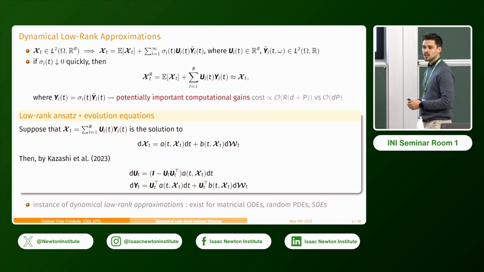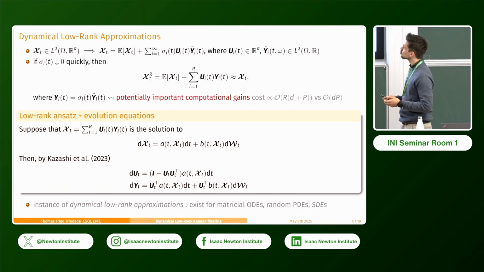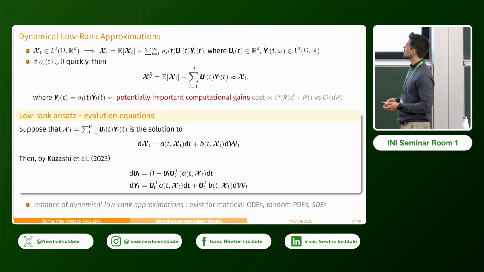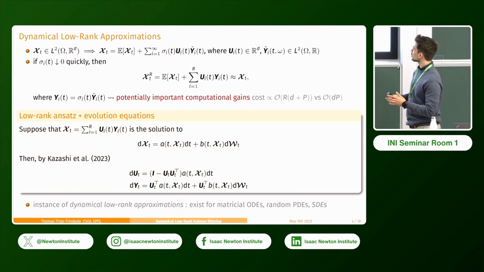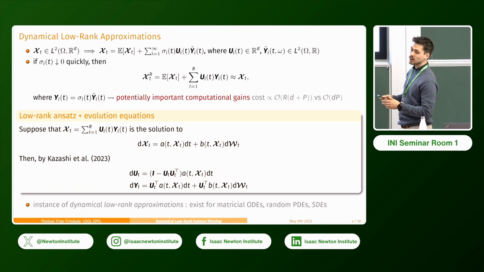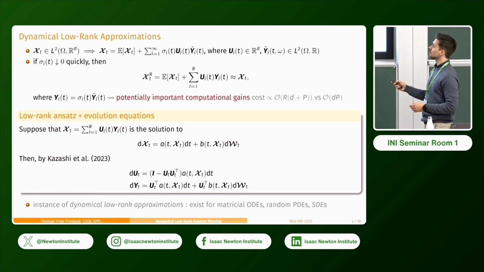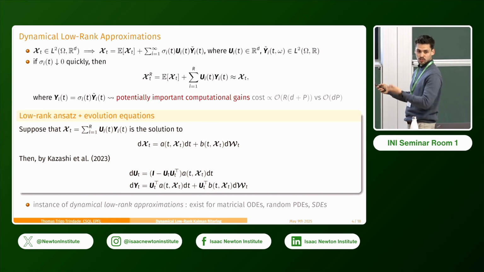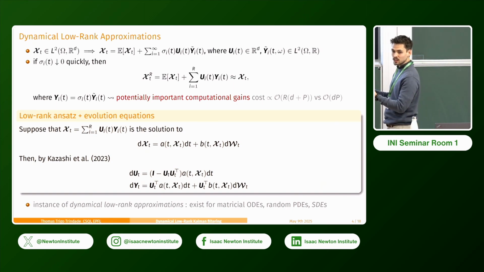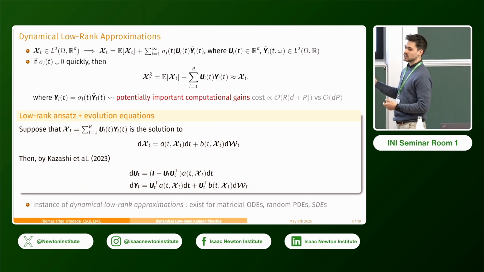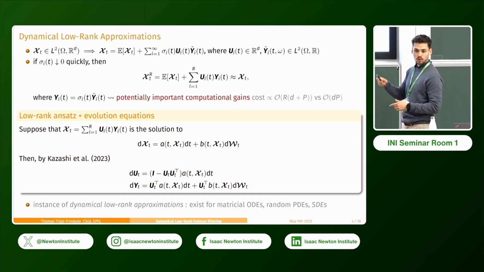Here the cost savings become quite clear if you think again in terms of particle discretization. Rather than having to store a d times p object, what you're storing is d for the mean. You have R physical modes, as I'll be calling them because they live in R^d, so R times d. And you have R stochastic modes which are discretized with p particles, so R times p.